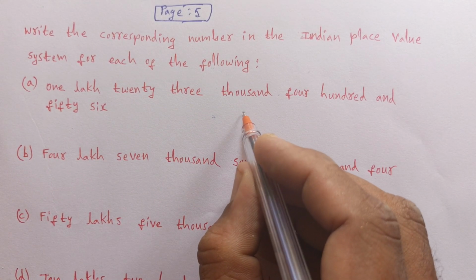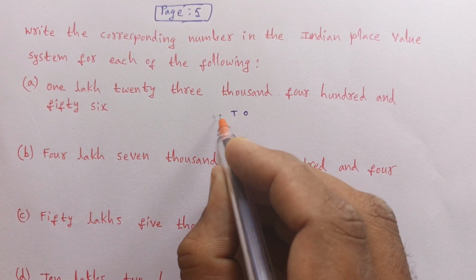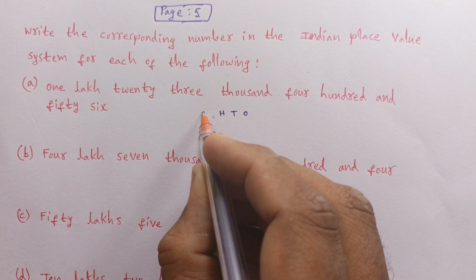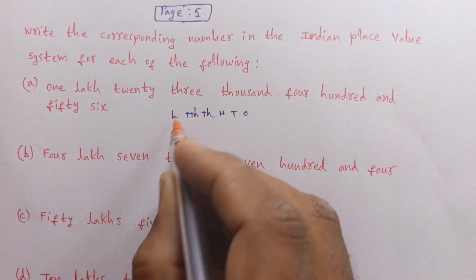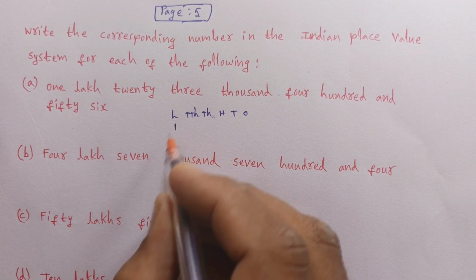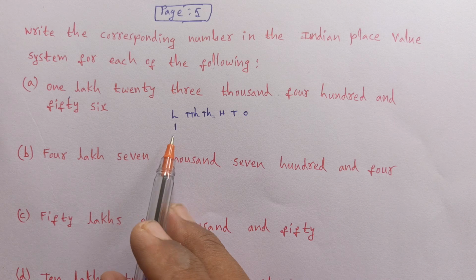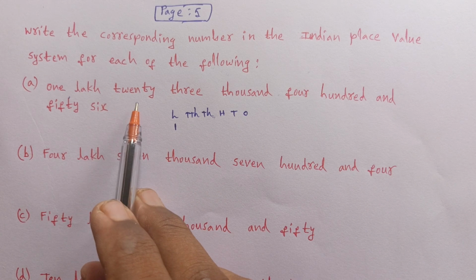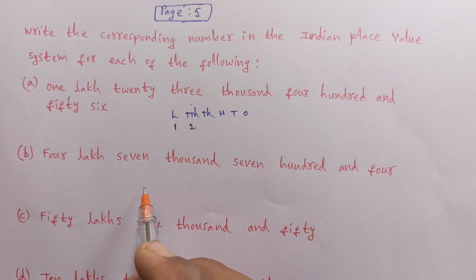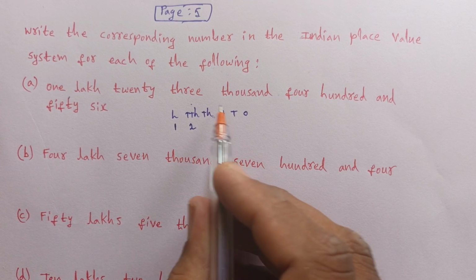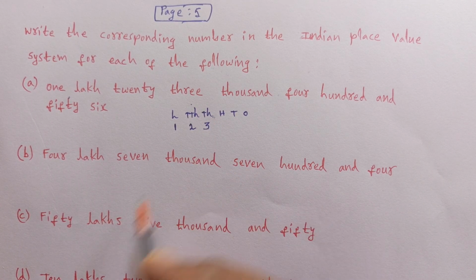Okay, first I will write the positions: ones, tens, hundreds, like that, thousand, 10,000, and lakh. In the lakhs place 1 is mentioned, so I am writing 1. Next, thousands place 23,000. So 10,000 place is 2 because 2 tens are 20. Next 3 in the thousands place.